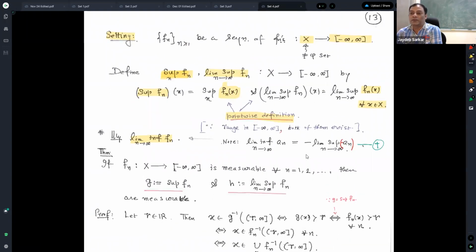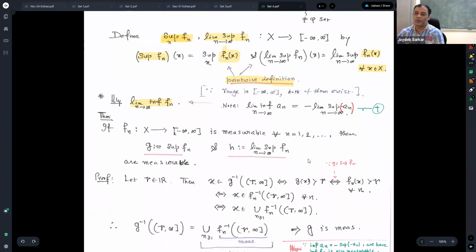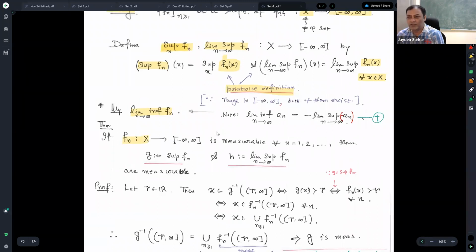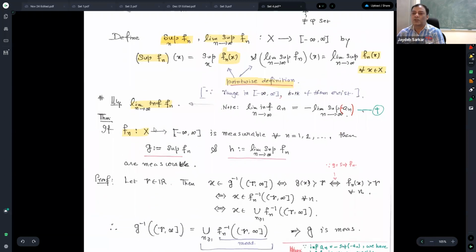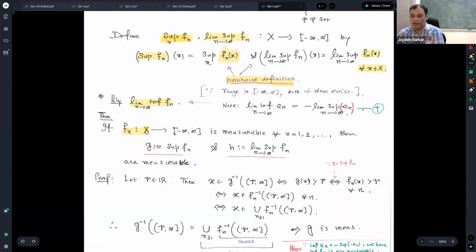Any question in the definition? We'll talk about some examples today, maybe some homework, maybe in the next lecture. Okay, so here is the theorem. Now you start with a measure. See, here there is nothing to do with measure, etc. So now you have a measurable space X, and you have a sequence of functions from X to this minus infinity, plus infinity.